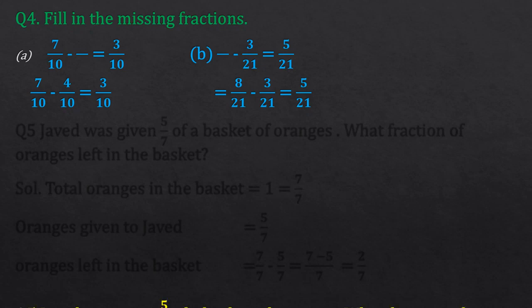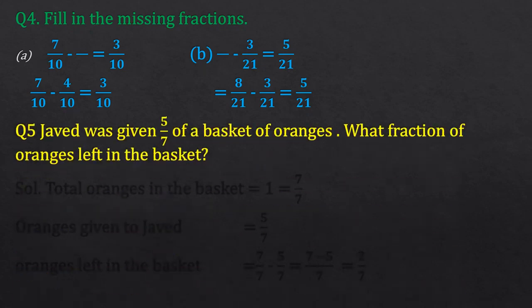See question number 5. Javed was given 5/7 of a basket of oranges. What fraction of oranges left in the basket? This type of one question we have done in our previous lecture also, that when the total is not given to us, we will suppose it 1. Okay, so same we will do here also.